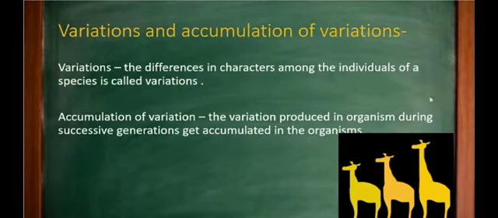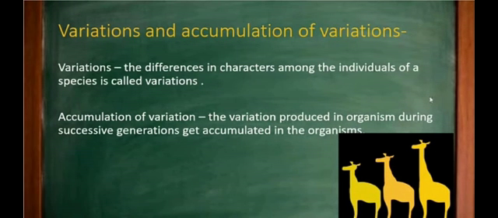Then comes variations and accumulation of variation during reproduction. So variations are the difference in character. In the characteristics, there is some difference among the individuals of a species that we call variation. Suppose we take father and mother, and they both have some similar characteristics, but the offspring does not have any of those characteristics.